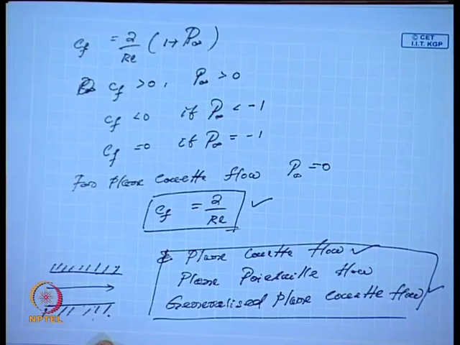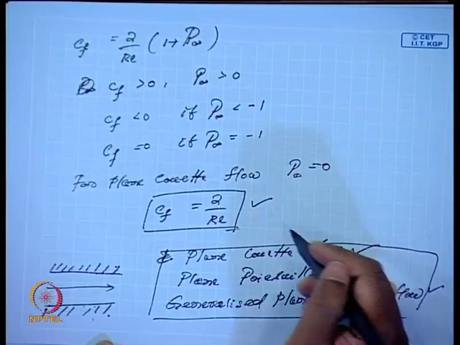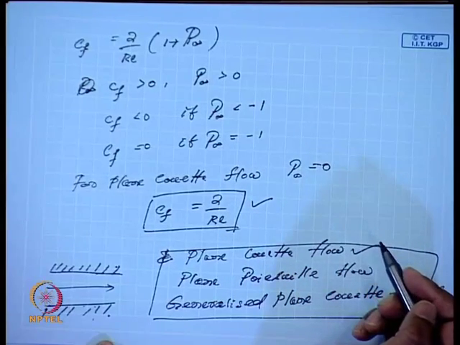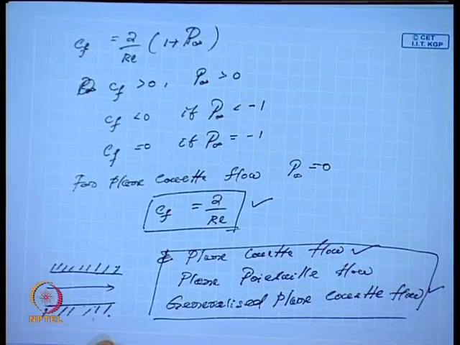All this depends on p infinity, the non-dimensional pressure gradient, and also on the volume rate of flow. When p infinity becomes minus 3, there is no net flow across the channel under this condition.